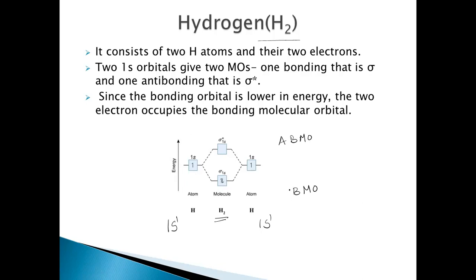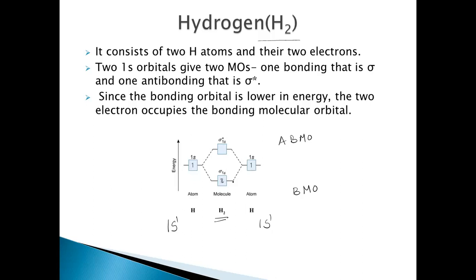The bonding molecular orbital is of lower energy and the antibonding molecular orbital is of higher energy when compared to the energy of the atomic orbitals of the hydrogen atoms. These are represented by sigma and sigma star.